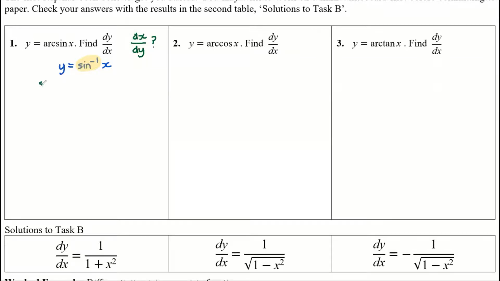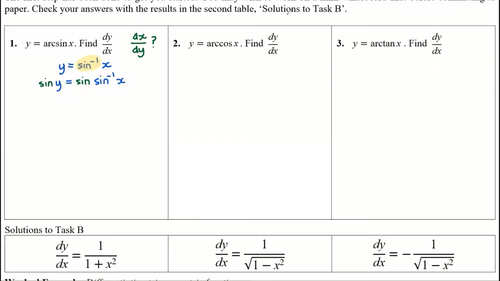So if I take the sine of both sides, so I take the sine of y, and I take the sine of the right-hand side, then this opens up some possibilities. Okay, so the sine of y is equal to the sine of the sine of x.